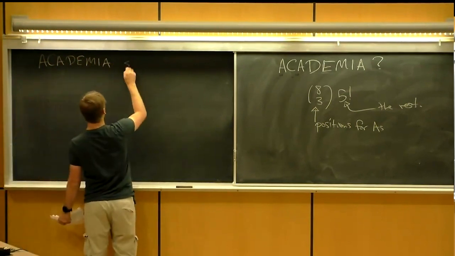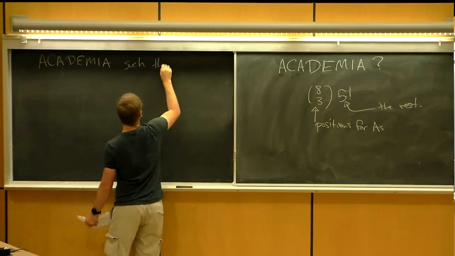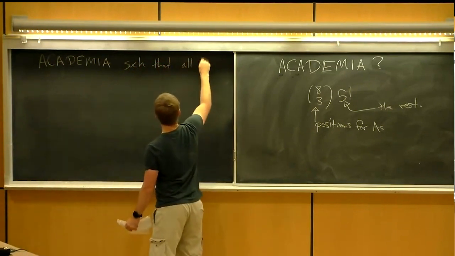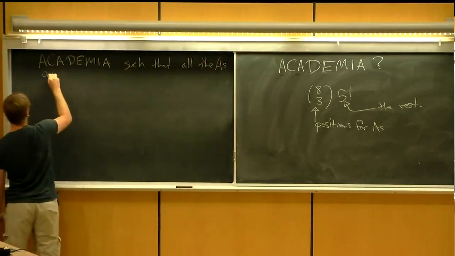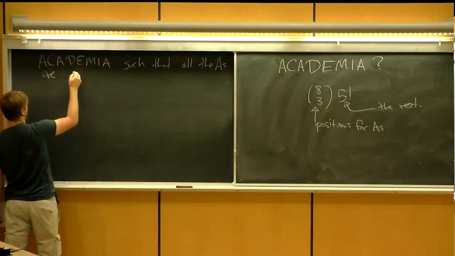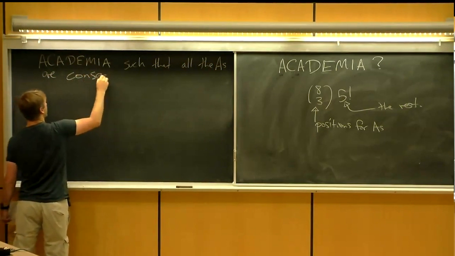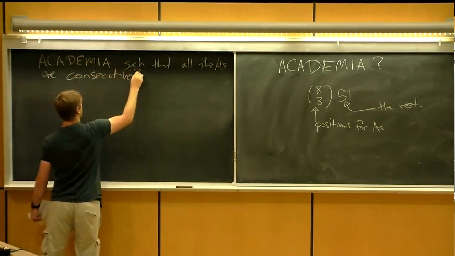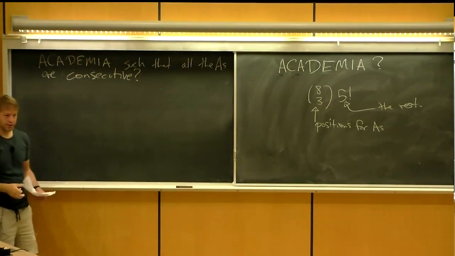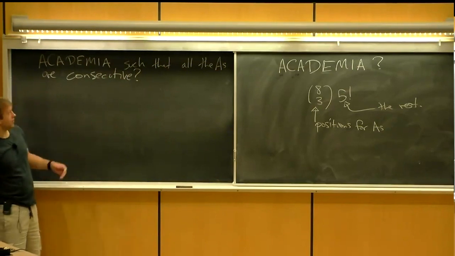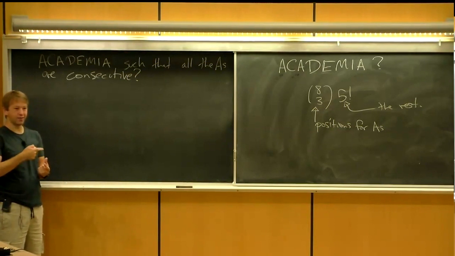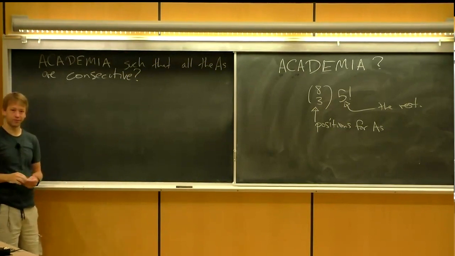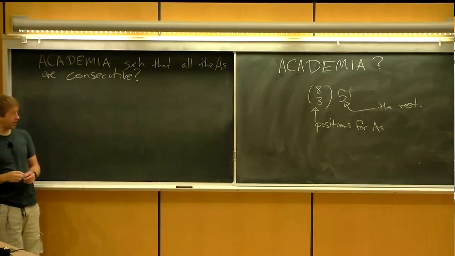How many such that all the A's are consecutive? Okay, so I want to find ways to arrange this so that somewhere in the word you have AAA all together. Okay.